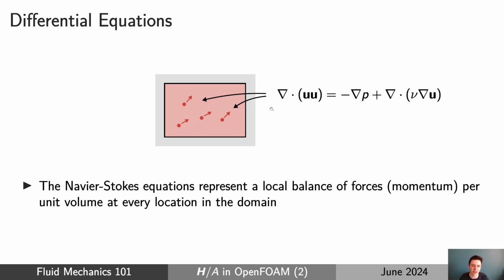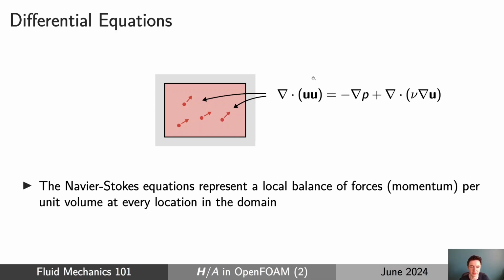So similarly, if we think of the incompressible steady Navier-Stokes equations, these equations are satisfied at every single infinitesimal point in the domain. And physically what that means is that at every point in the domain, the velocity vector and the pressure field satisfy conservation of momentum. Or more specifically, the Navier-Stokes equations represent a local balance of forces per unit volume at a given point in the domain.